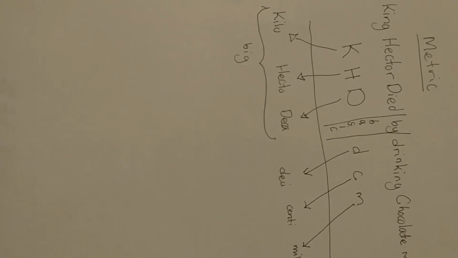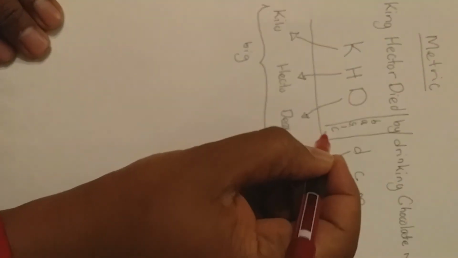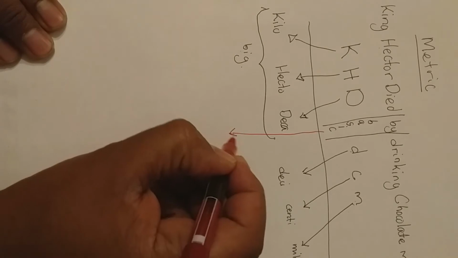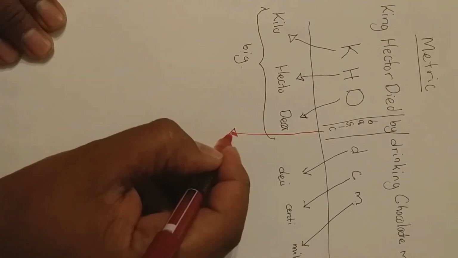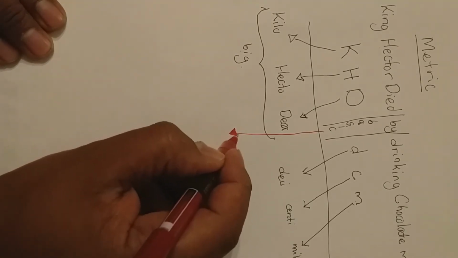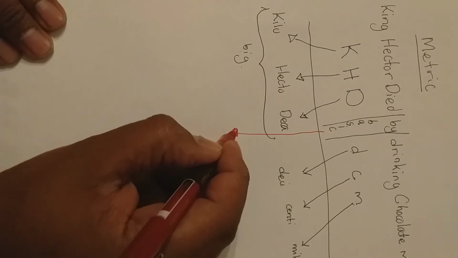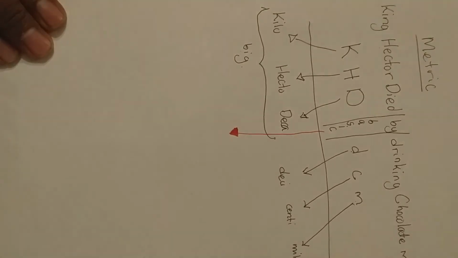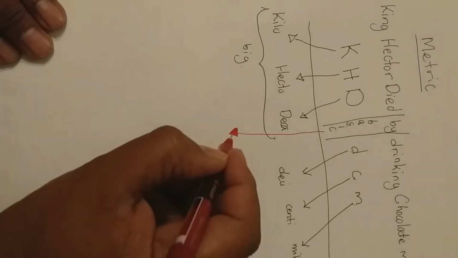Now let's talk about the basic part. The basic part refers to whatever unit we are considering at that time. Let me give you an example.